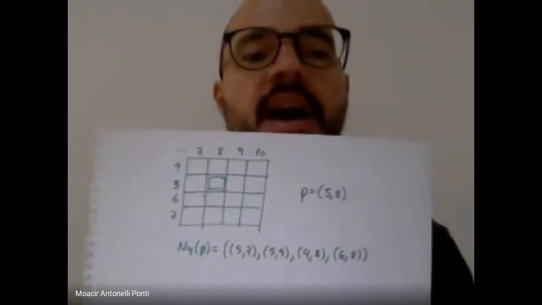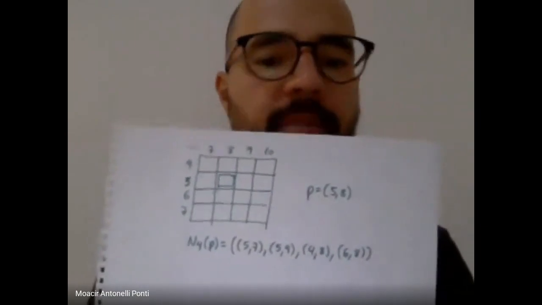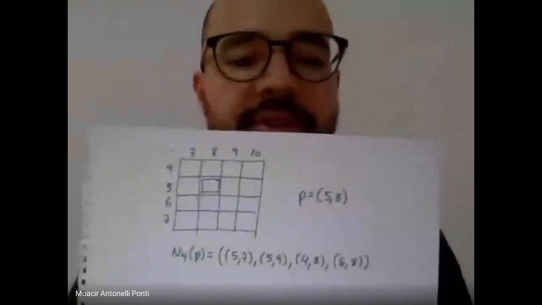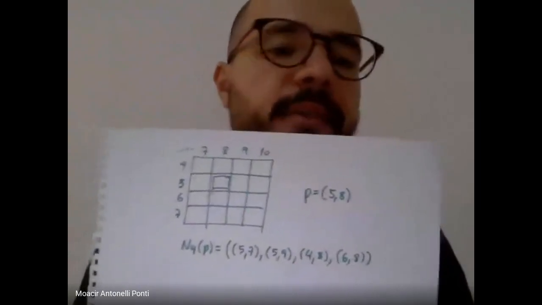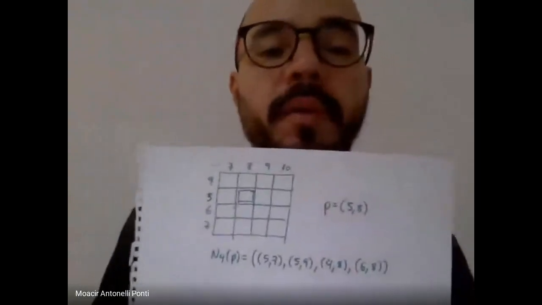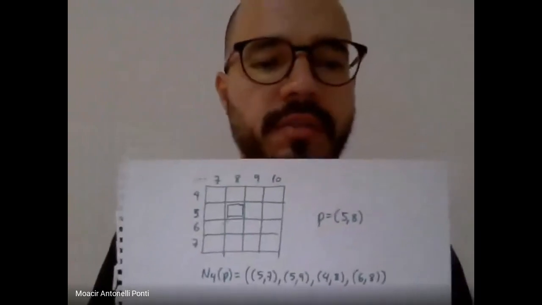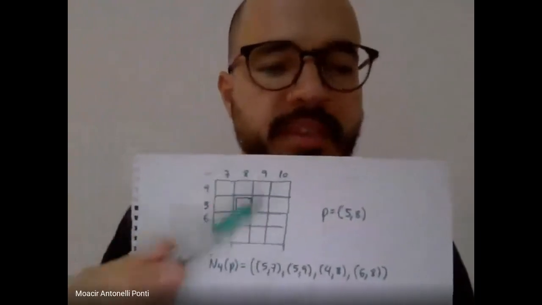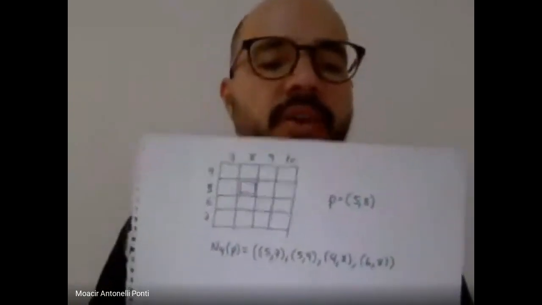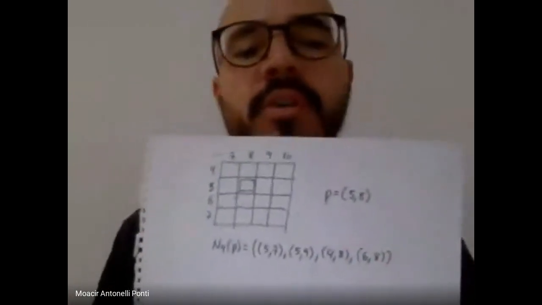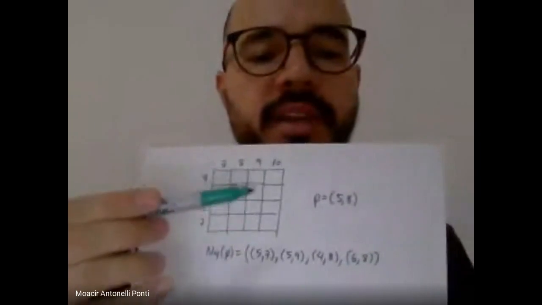This is how we define neighborhood in terms of image processing. If you ever see some method that says that it operates on the 4 neighbors of every pixel, this is what the method means. If it operates on all 8 neighbors of the pixel, then it includes all of them.